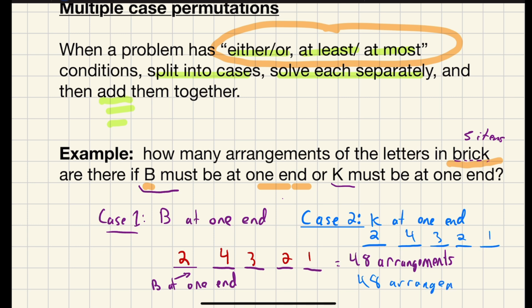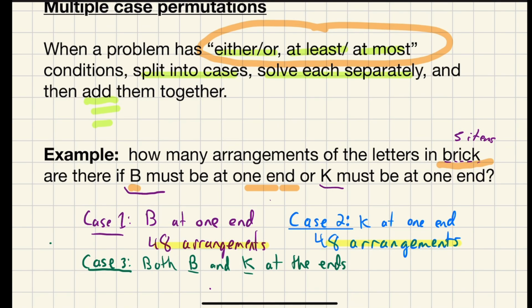But there's a third case that isn't obvious at first. This would be that both B and K would be at the ends, because there isn't a restriction listed here that they can't be together. They just have to be at either end. So both of them at either end is also a possibility.